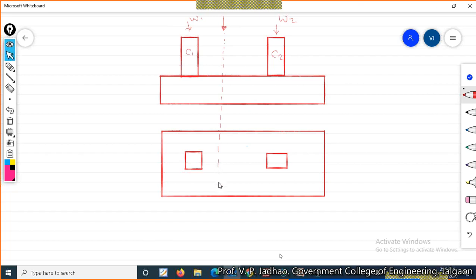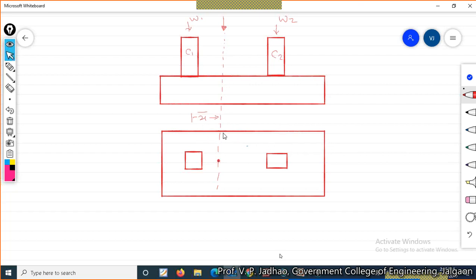Let us assume this is x bar, that is, the distance of the centroid of this load. We will be keeping this footing in such a manner that the centroid of this load will coincide with the centroid of this footing area.